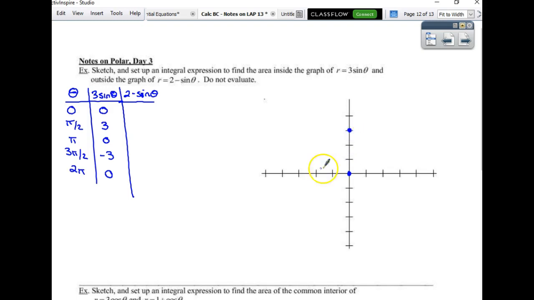When we're at the negative x-axis, at pi, we have a 0. Okay, that's this point again. At 3 pi halves, the negative y-axis, we have a radius of negative 3. What the heck does that mean? It means that this is going to be in this direction, but we're going to go in that direction backwards 3, which is that point up again.